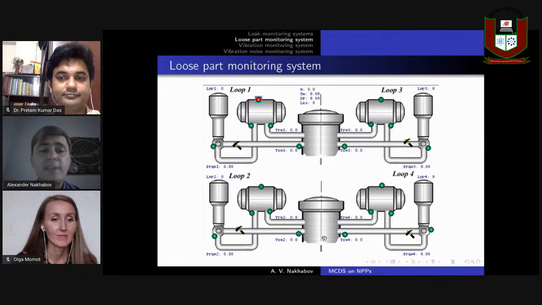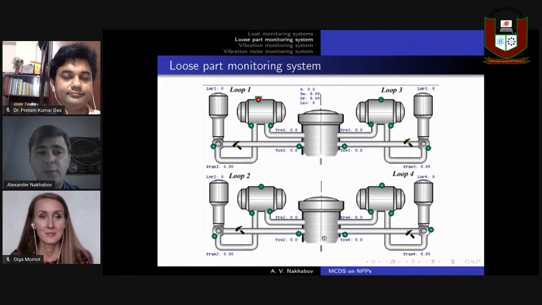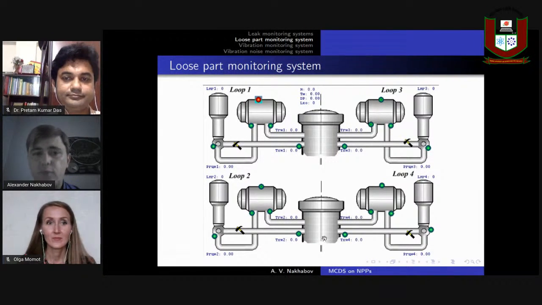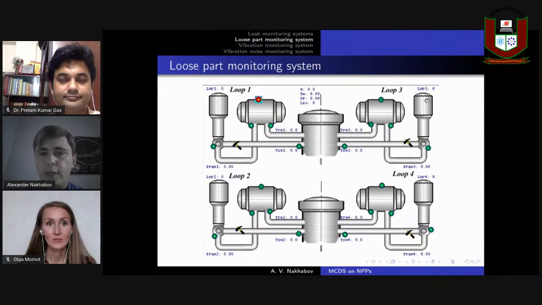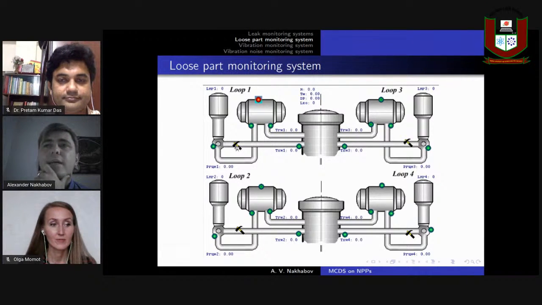So on this slide, you can see an example of the arrangement of sensors for this kind of system. You see different loops. So one section of the reactor installation is between loops 1 and 3, and another one between the second and fourth. And you see something like a hammer, actually, these are testing hammers.